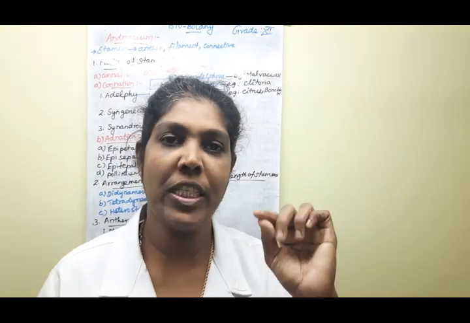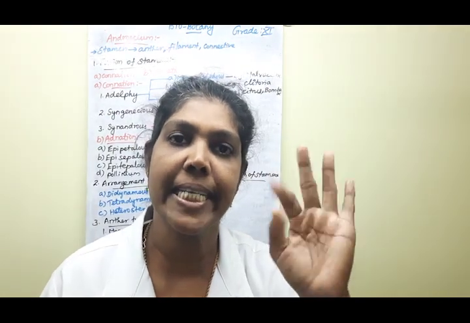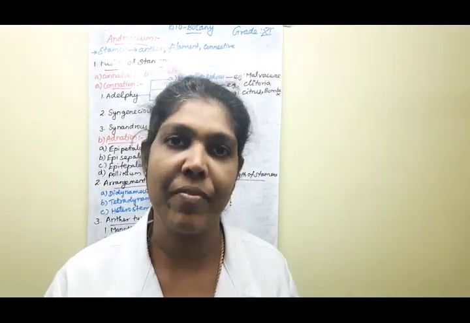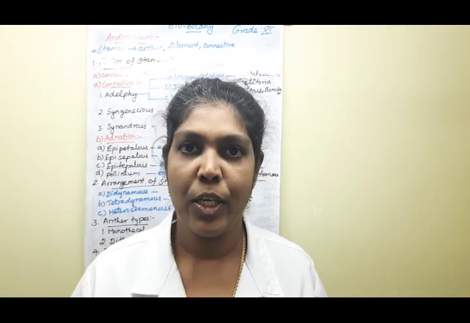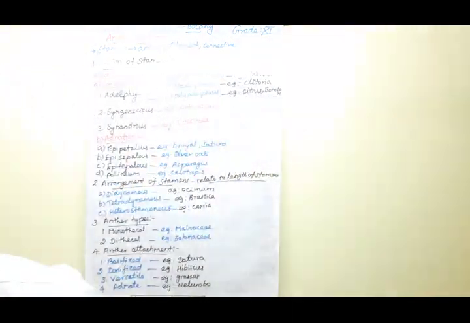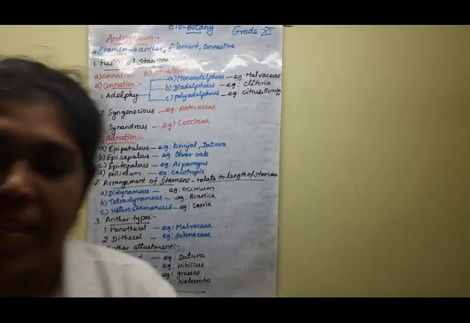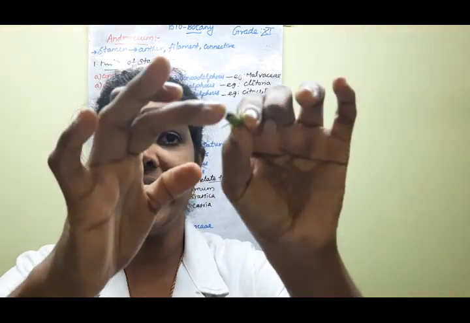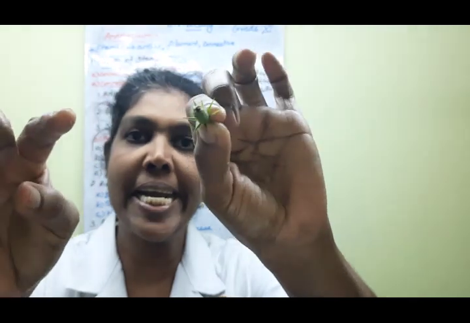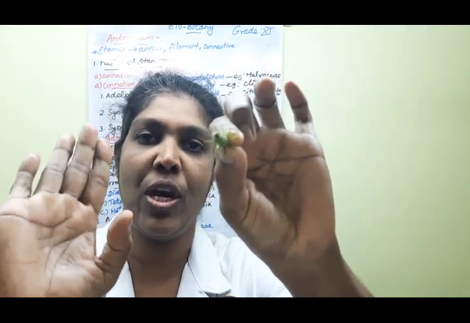The arrangement of the sepals or petals in a flower bud condition is known as estivation. Understood? Once again, I will repeat that: the arrangement of the sepals or petals in a flower bud is known as estivation.